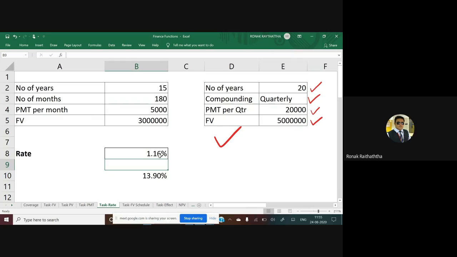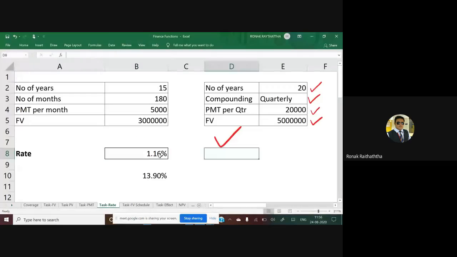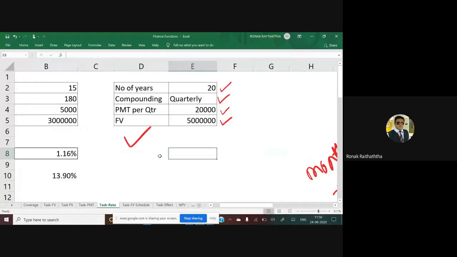What is the rate you are getting? I haven't got the answer yet from the students. So much time. 2.51%. Okay, 2.51%. Let me verify that. So I am putting rate, opening the bracket. Number of periods would be 20 multiplied by 4, because in 1 year there are 4 quarters, comma, PMT would be 20,000, comma, PV I do not have, let me put 0 over there.